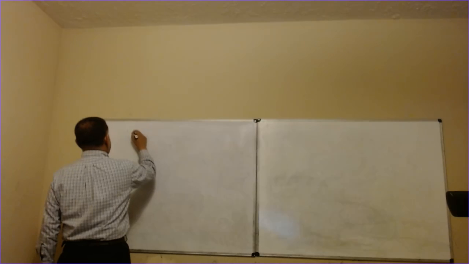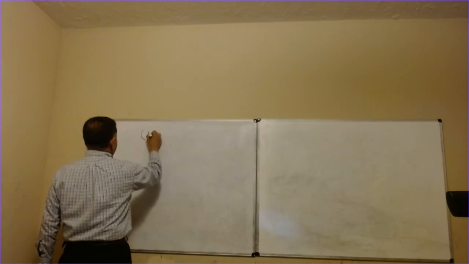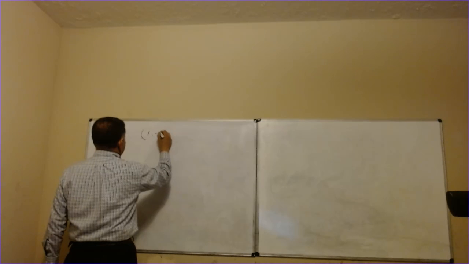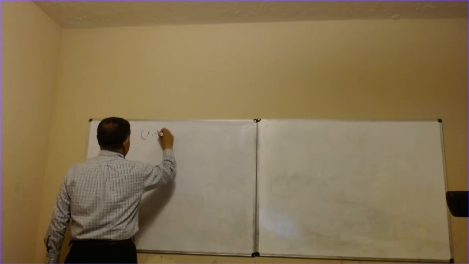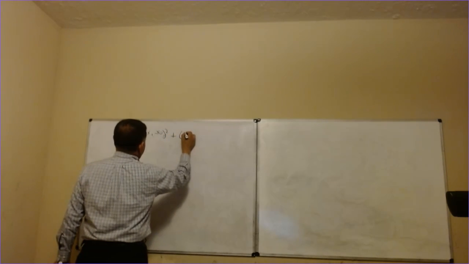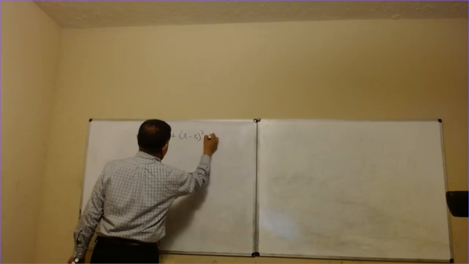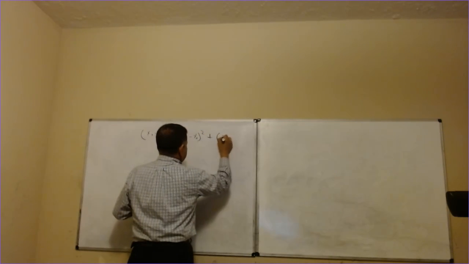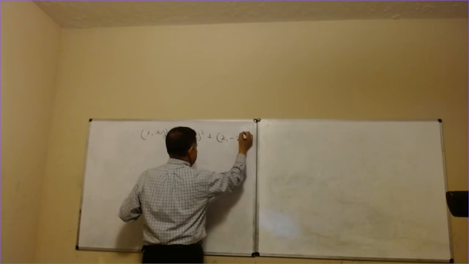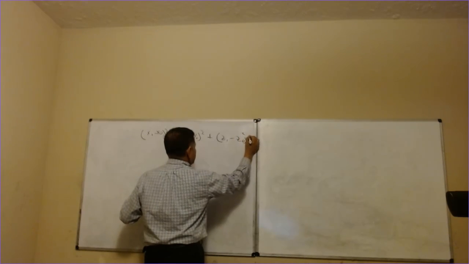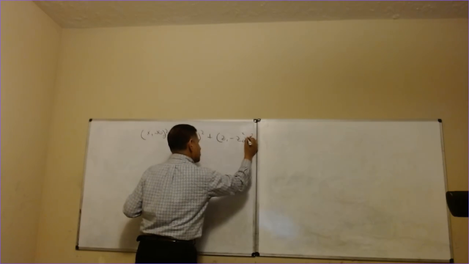So we got the formula: x1 minus x0 squared, plus y1 minus y0 squared, plus z1 minus z0 squared, that is equal to r, and of course that is r squared, right?